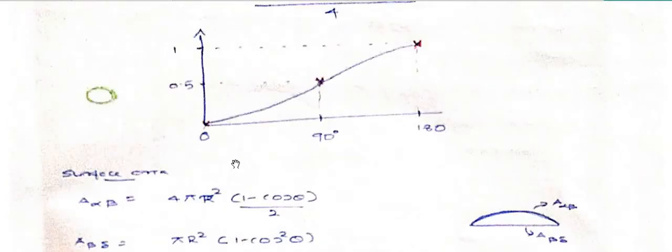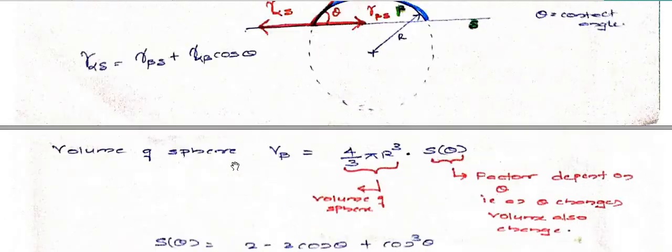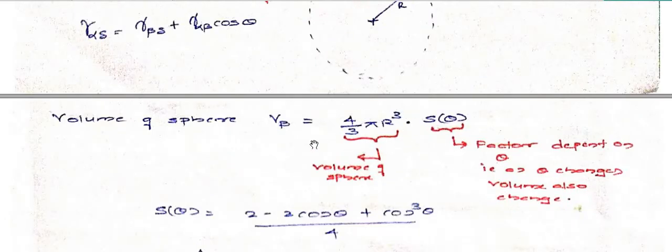So we will write this one as V beta, the volume of the beta phase, into (G beta minus G alpha). G beta is the free energy of the beta phase, and G alpha is the free energy for the liquid or the alpha phase.